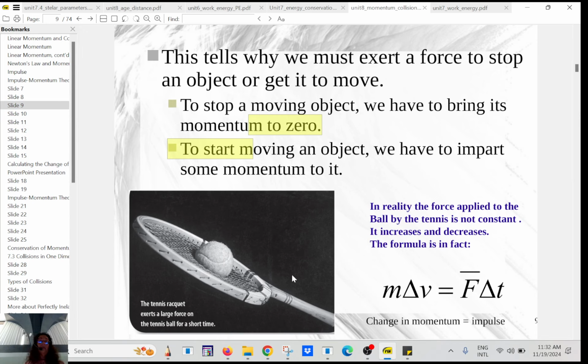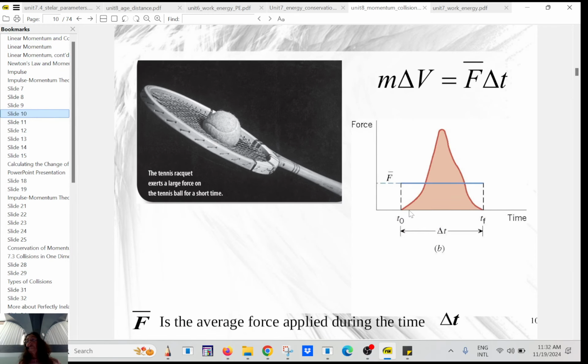So in reality, the force is not a constant, right? For example, if you hit something, the force first is going to be 0, and then it's going to increase, and then it's going to decrease again. But we can show, that will be calculus, that everything happens like you have an average force, right?